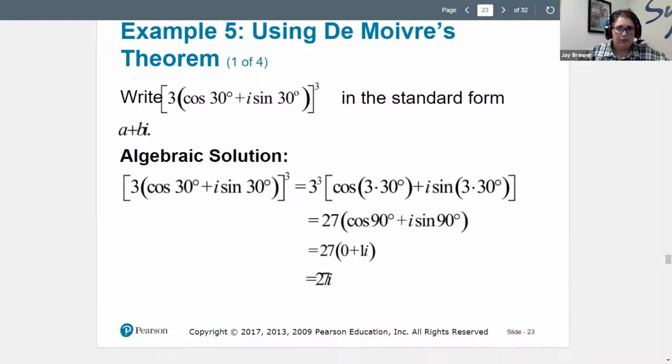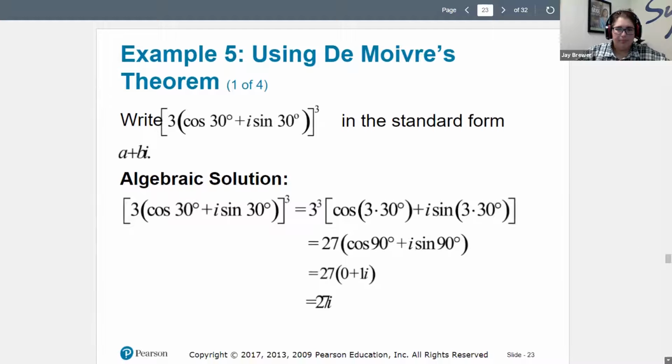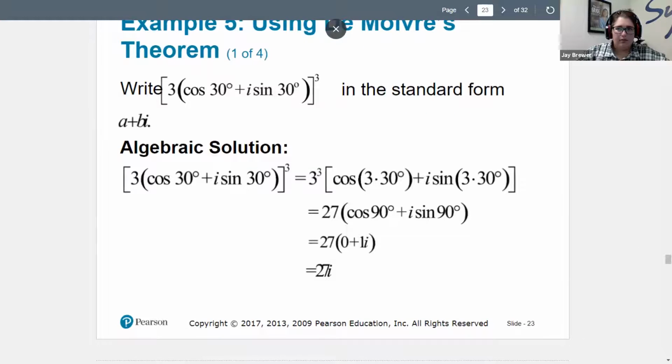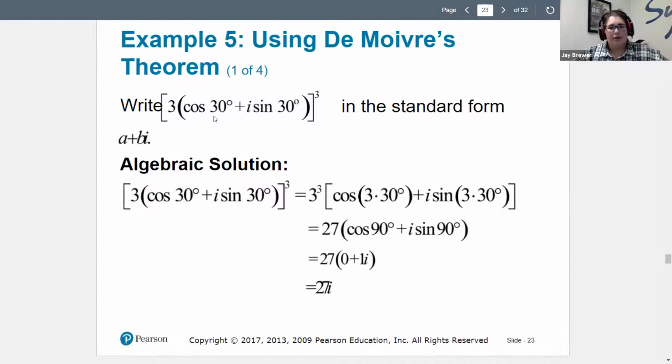All right, so if we're going to use this theorem, we want to write 3 times the quantity cosine 30 degrees plus i sine 30 degrees, and we're going to raise everything to the third power. And they want us to write it in standard form of a plus bi. So we're going to distribute the cube to the outside, and notice when you take it inside, because of the theorem, it becomes a factor in front of the degree.